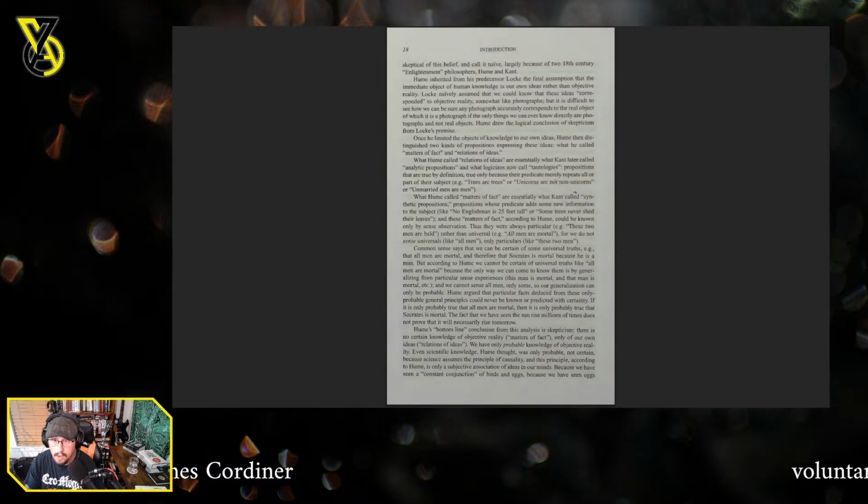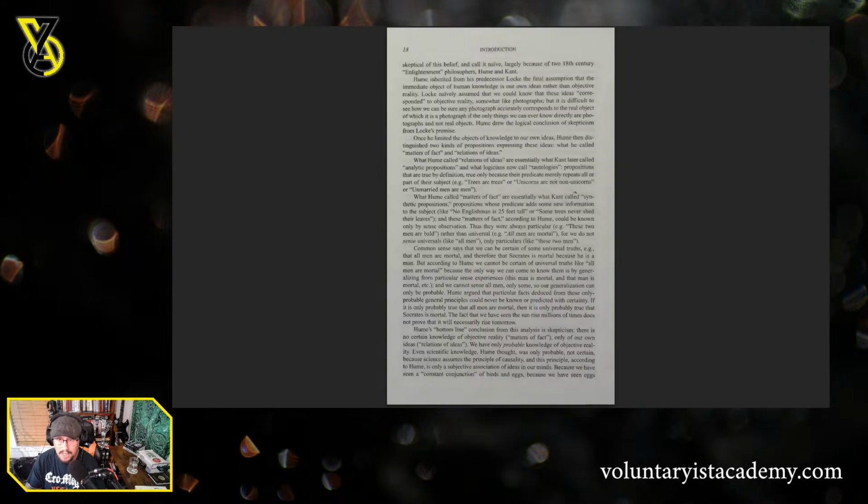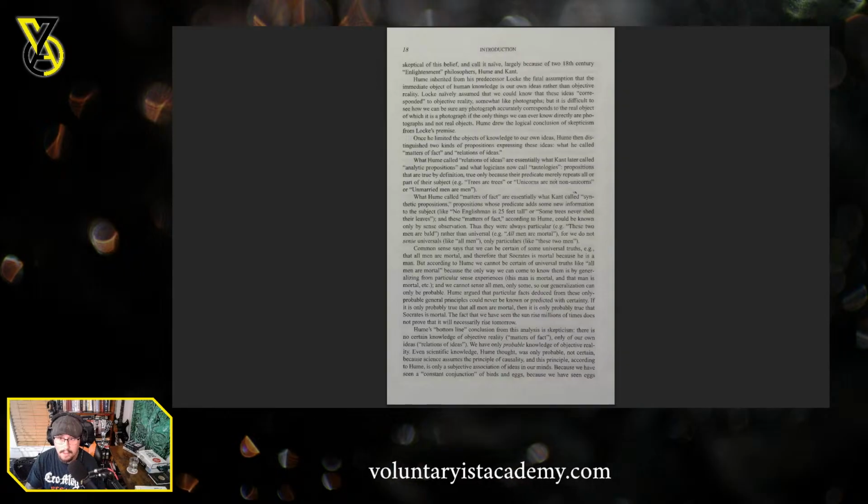Hume inherited from his predecessor, John Locke, the fatal assumption that the immediate object of human knowledge is our own ideas rather than objective reality. Locke naively assumed that we could know that these ideas correspond, quote unquote, to objective reality, somewhat like photographs.